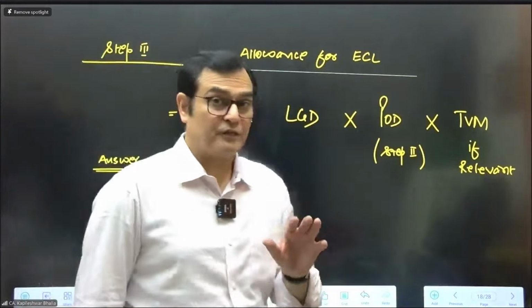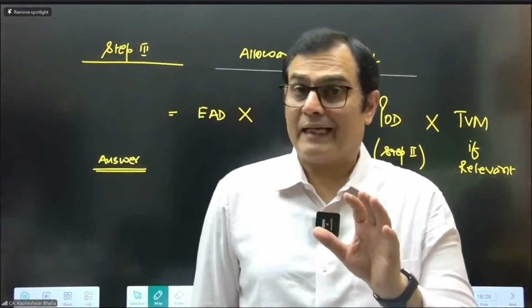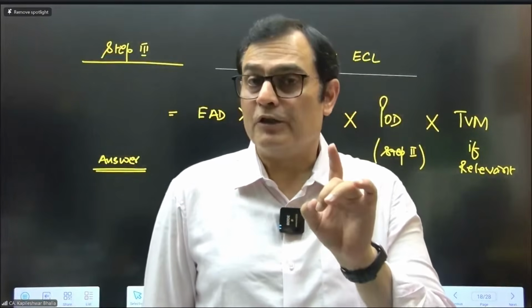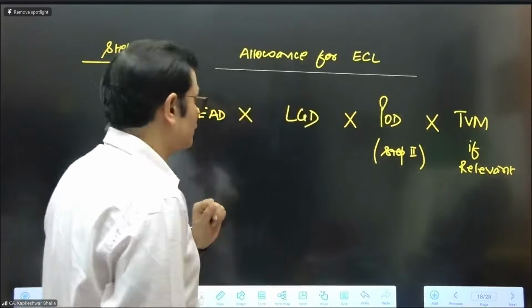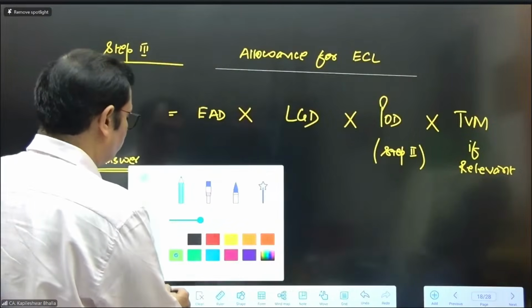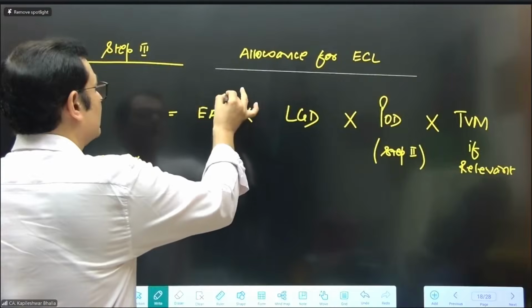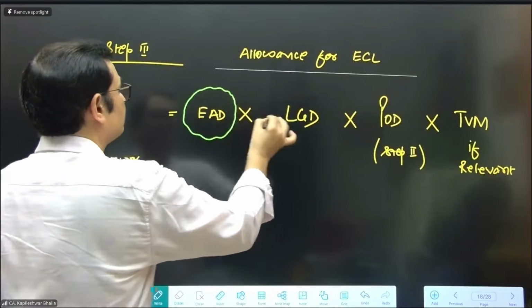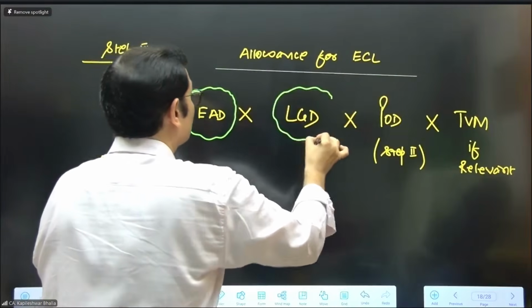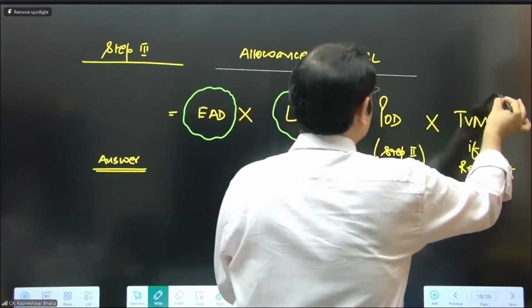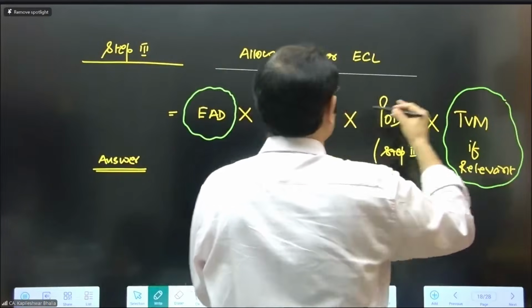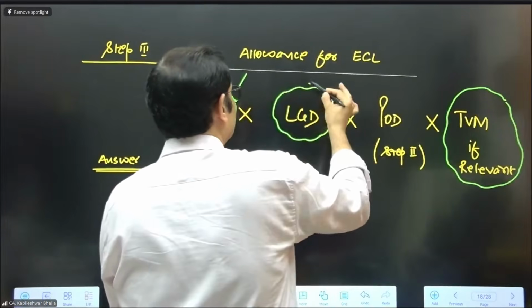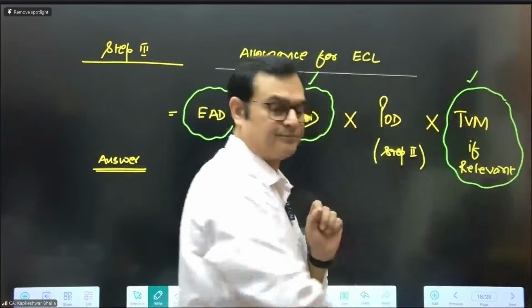Now, I would say the first instance is, when you look at this kind of information, your focus should be first of all to highlight the input. You should calculate the amount of loan which you are not going to get, converted in terms of present value. Consider all these three factors together.